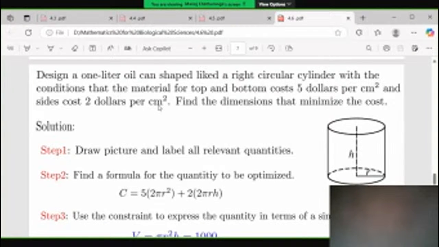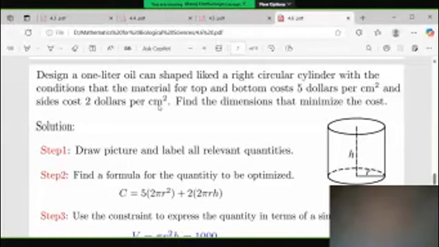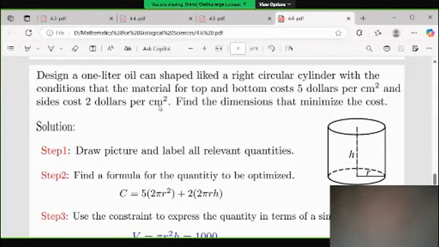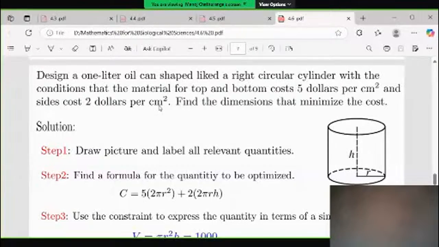Now, the top and bottom and the curved area are created by different materials. So they have different costs. So this time you are not minimizing the total surface area, you're minimizing the cost.